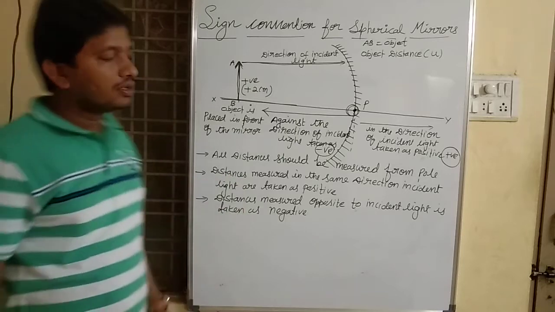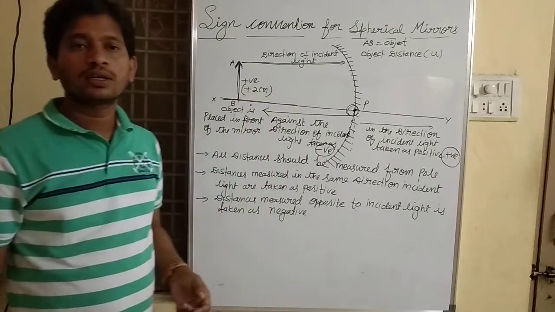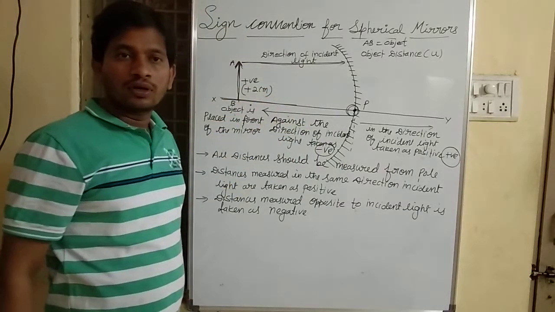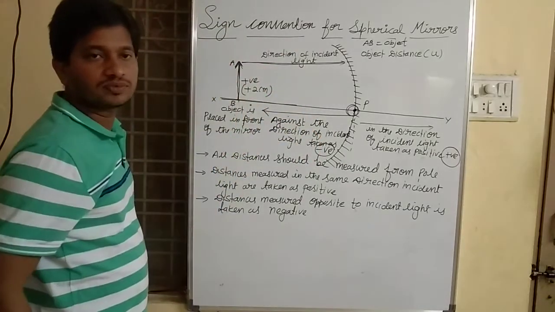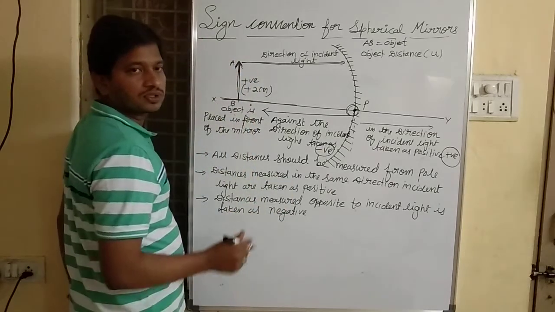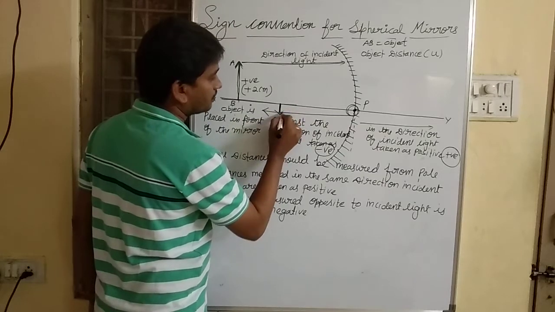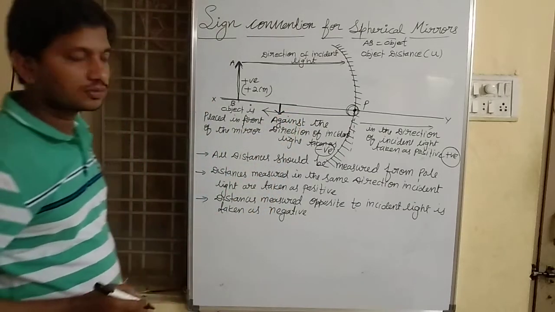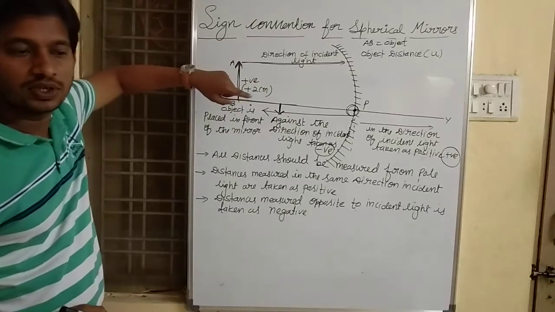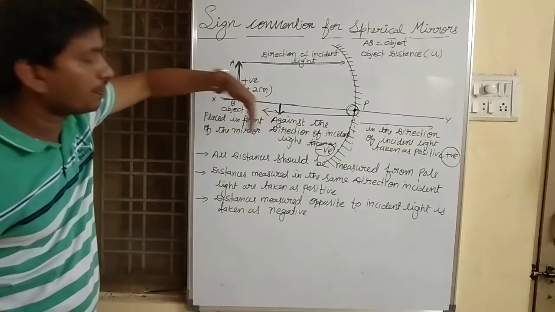We have observed many images that are vertically downwards. For example, if I place an object here, I get the image over here, downward.